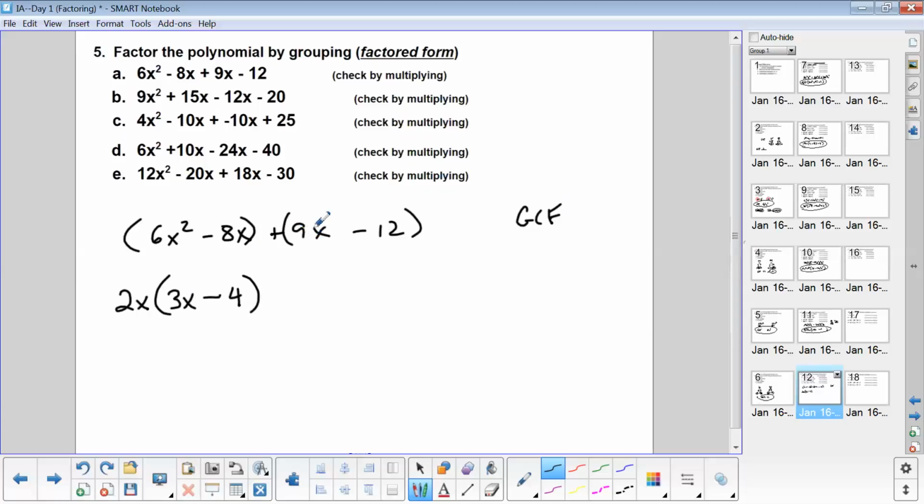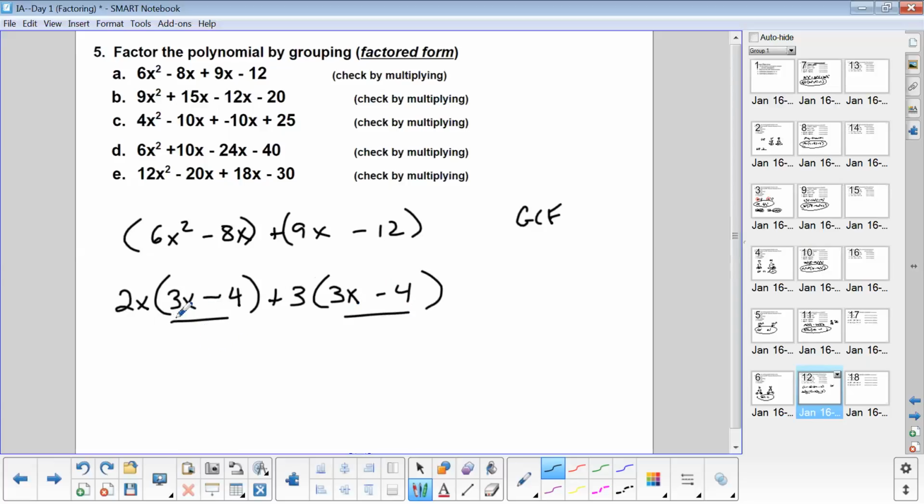Now notice this is a positive 9x, and this is a positive 3x. I would like to keep a positive factor, so I'm going to think, what do these two have in common? And it is 3. Notice it's not 3x because this term doesn't have an x. 9x divided by 3 is 3x, and notice that they start to match up. 12 divided by 3, or you could say it as a negative 12 divided by 3 would be minus 4, and notice that they repeat factors.